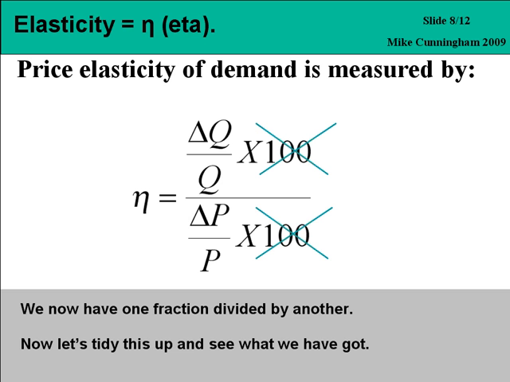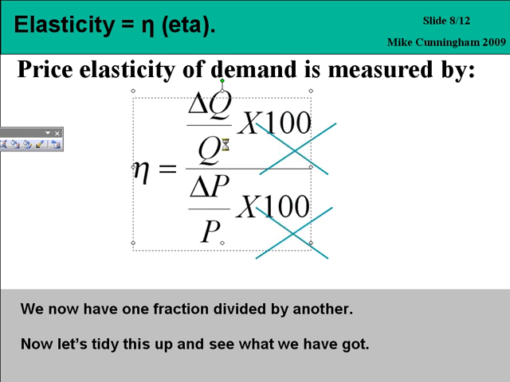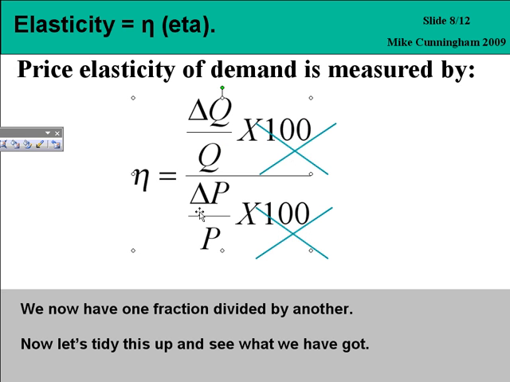We can get rid of the hundreds for a start. 100 on the numerator and 100 on the denominator gives us just this expression: eta, elasticity of demand, is equal to the change in quantity divided by the quantity, all over the change in price divided by the price.